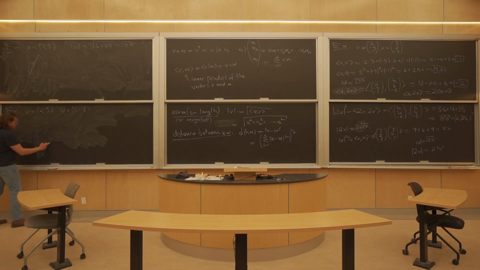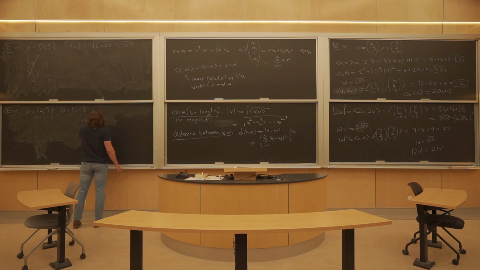Okay, so this is 2, this is 5. So this right here is v, and this is 1, this is minus 3, which means that this right here is w.